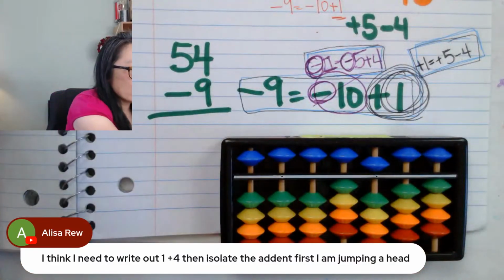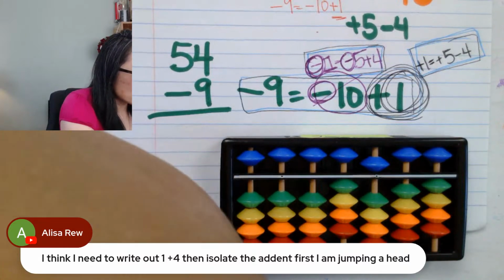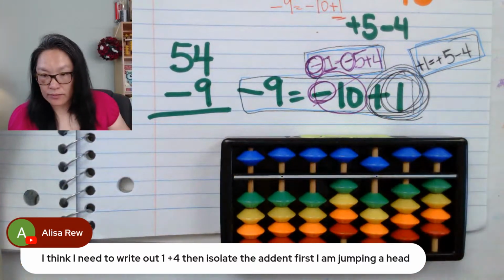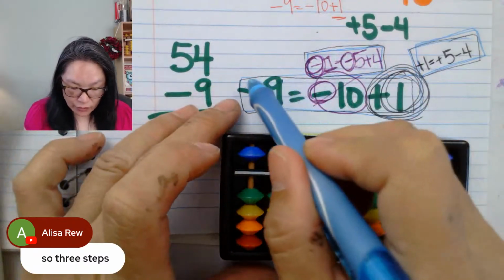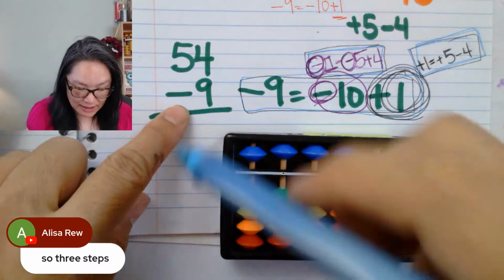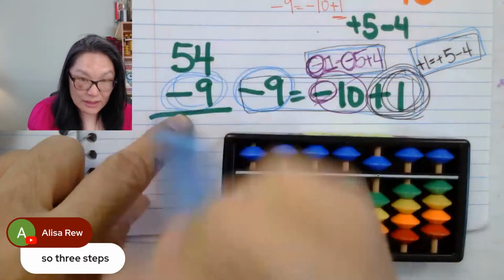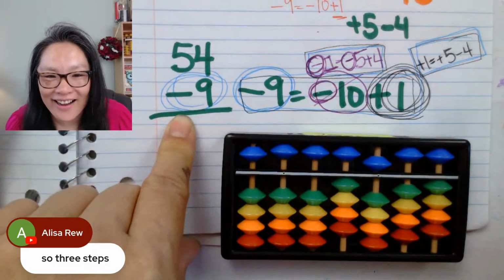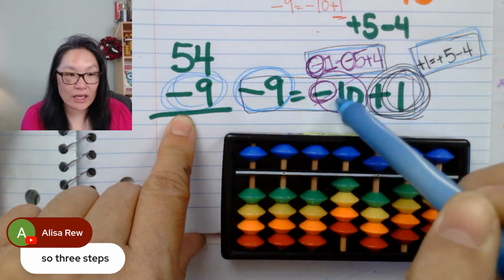That's why in my worksheets I try to get the children to write it out. So it's 3 steps. Because you first have to figure out this minus the 9, right? Minus the 9 is the same thing as this. It's a lot of colors. But then when you break it out, you'll notice you can't do it.